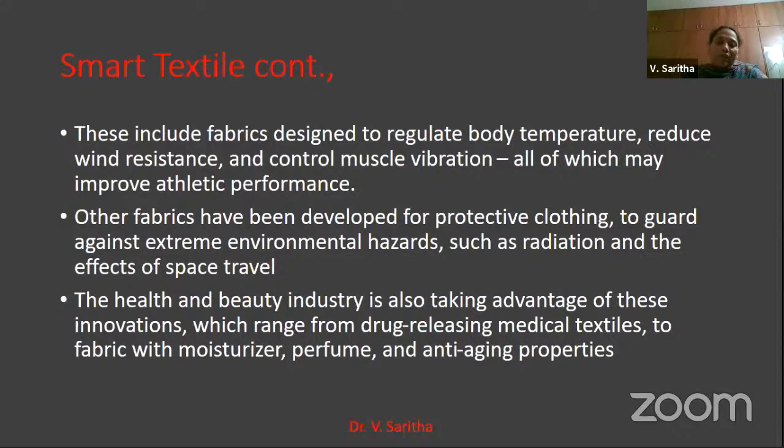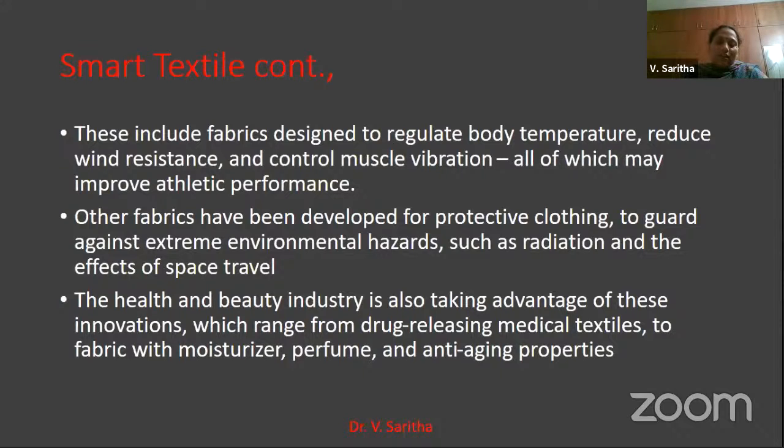So these things can also be used in the fabric itself, meaning the fabric will be slowly releasing these things. What is the advantage? Take perfume: when you go out you'll use it, but after 1 hour or 2 hours, if you sweat, then the performance of the perfume comes to an end.